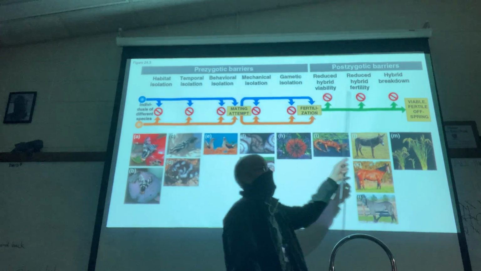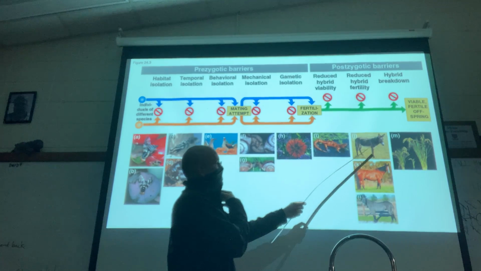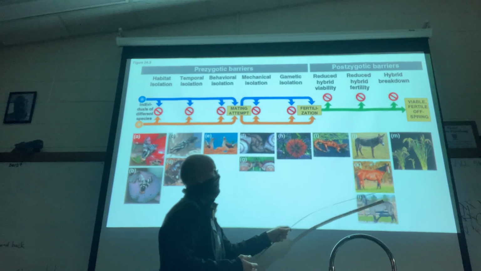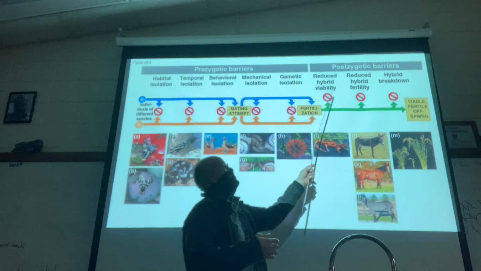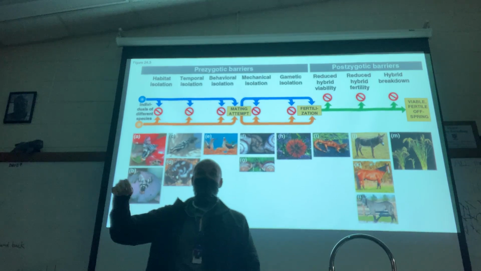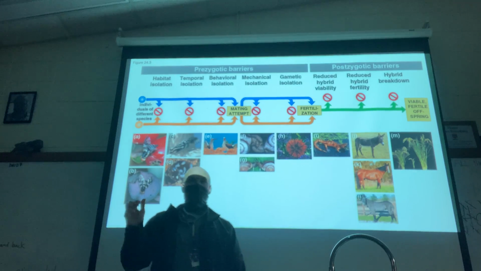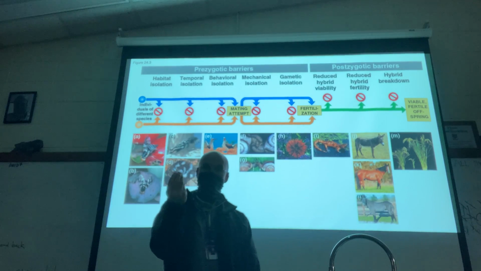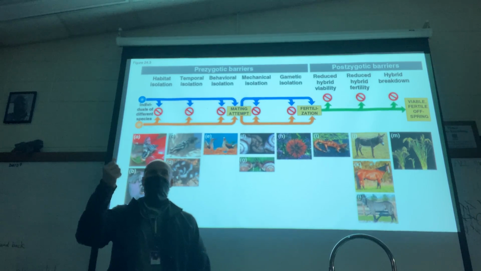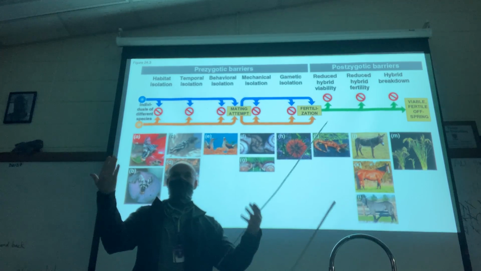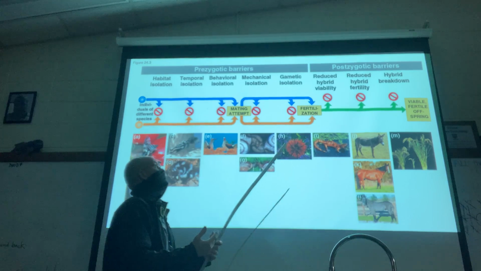And then post-zygotic barriers are kind of weird. These are cases, and this has the horse, donkey, and mule example, where fertilization happens. Now, what we have found is that a lot of times this is a chromosomal number issue, or it's just the genes that pair together after fertilization.